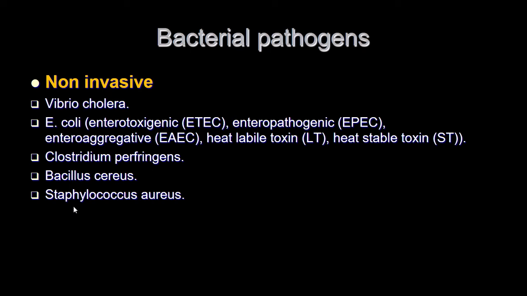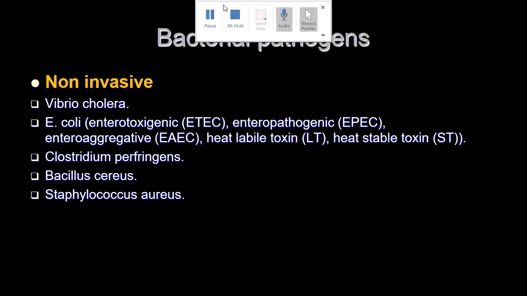We call it staphylococcal food poisoning. But the others, Clostridium and so on, can be associated with watery diarrhea type of food poisoning. So you have to remember then those infectious agents.